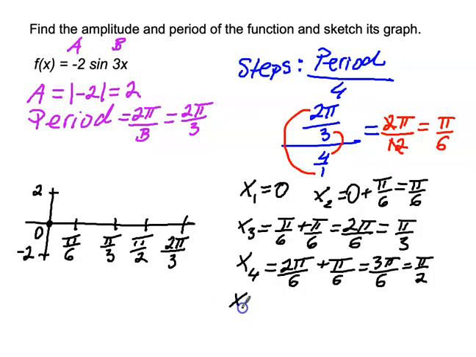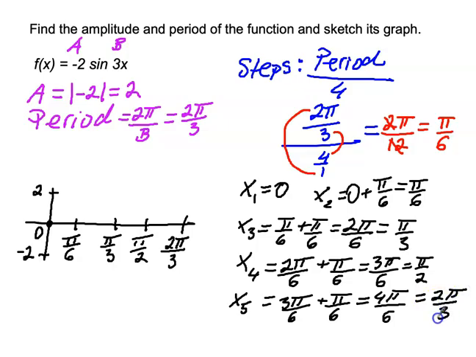And now x5 is going to be, I'm going to take 3 pi over 6, just keep it with the denominator 6, plus pi over 6, and that is 4 pi over 6, which equals, if we simplify, 2 pi over 3, and that is exactly what we have, okay?